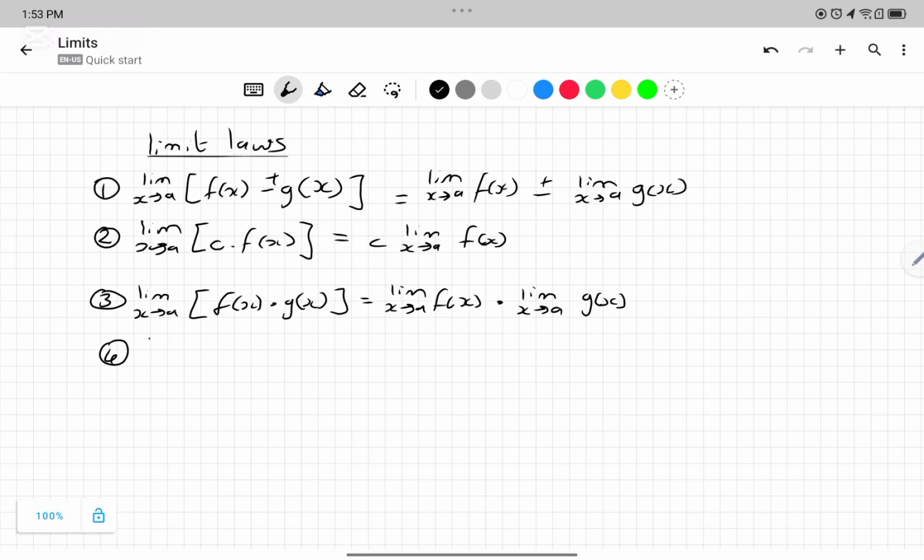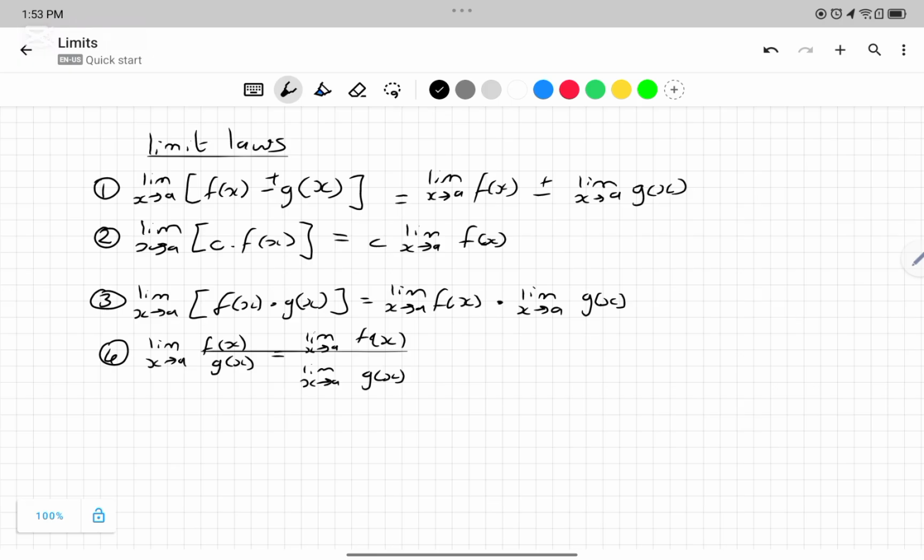And then the other one is limit of f of x all over g of x as x approaches a. Then we'll have limit of f of x as x approaches a all over limit of g of x as x approaches a.